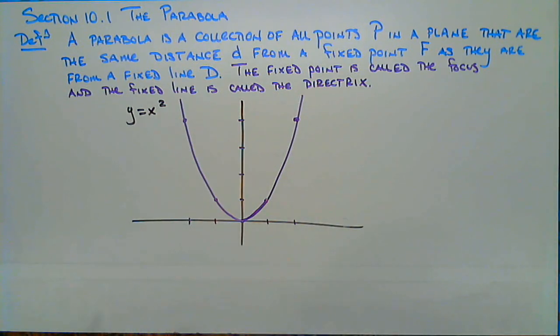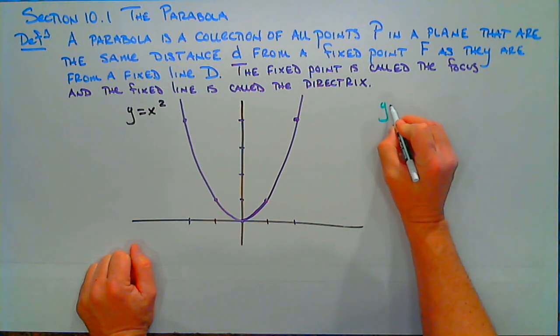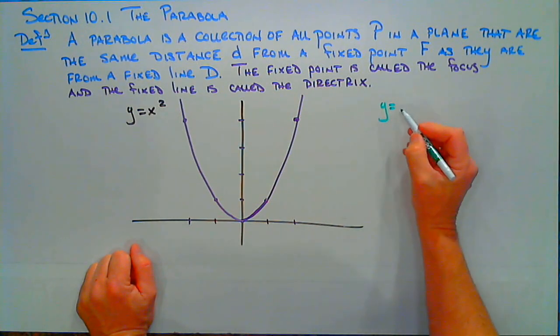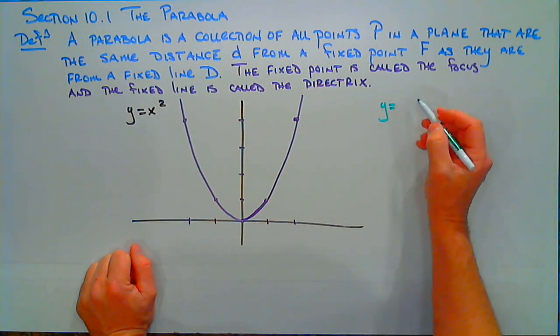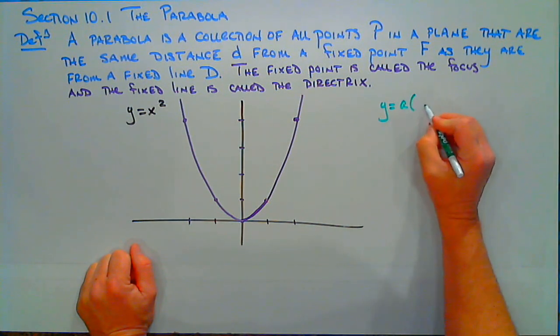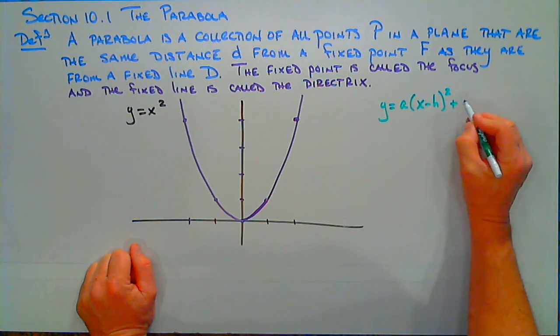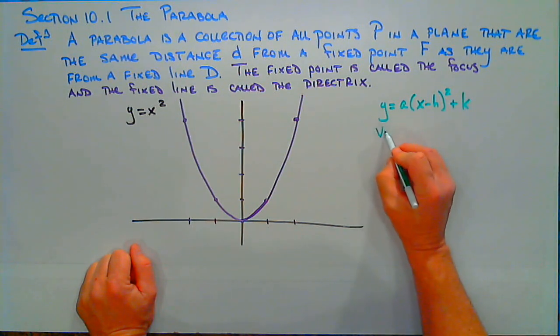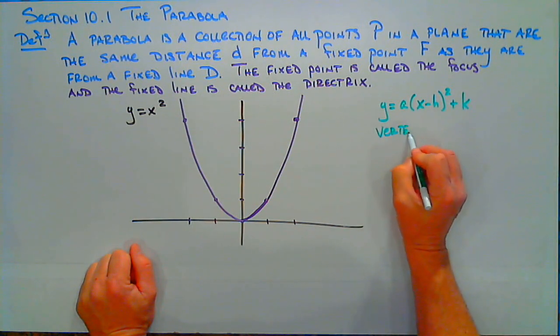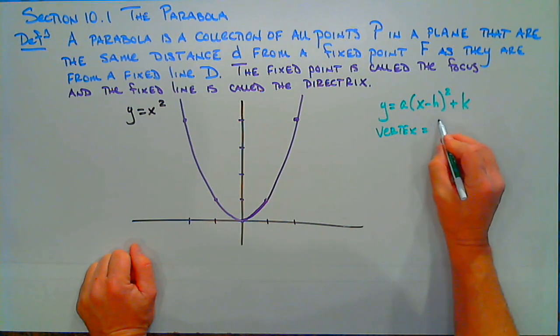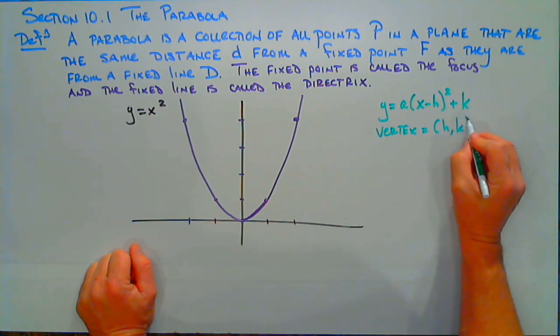The vertex is one of the things that we find to be the most important in an Algebra 2 class, because there we write a parabola as y equals a times (x minus h) squared plus k, and we say the vertex is (h, k).